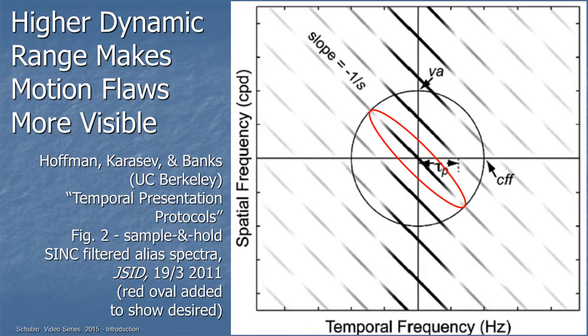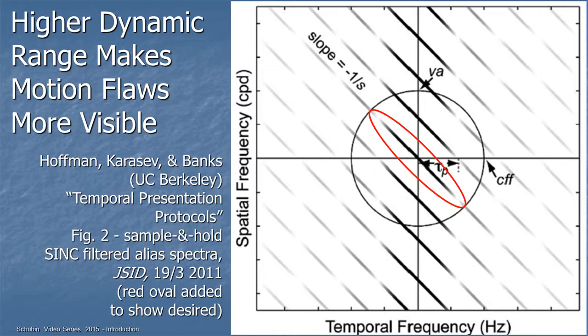The vertical axis is spatial frequency, which is shown in cycles per degree, but it could also be pixels across the screen. And the black circle is what's visible. And I've added a red oval, and that shows what's desired. Now, what's desired is just that diagonal line in the center.